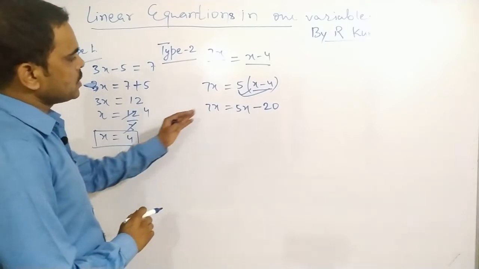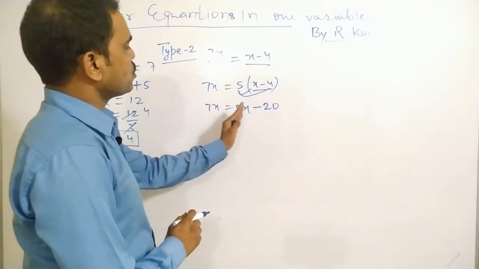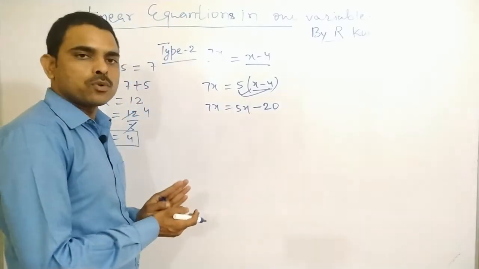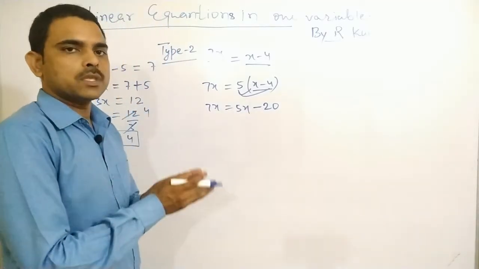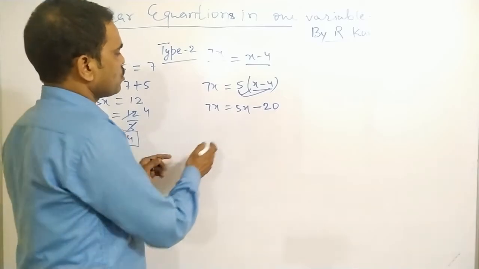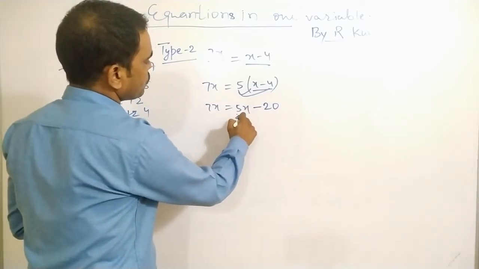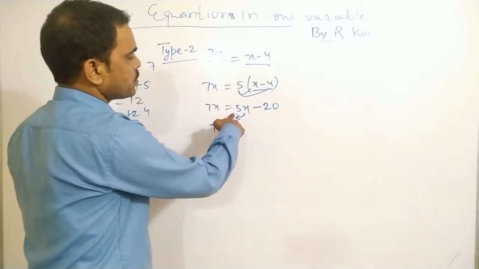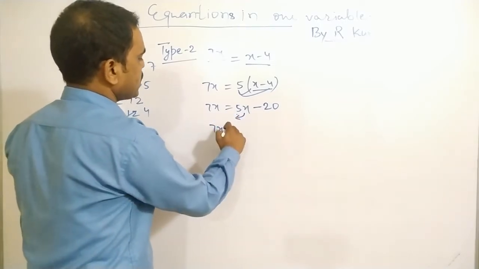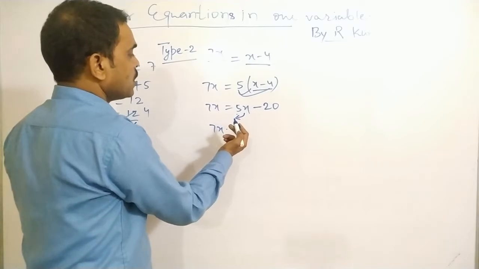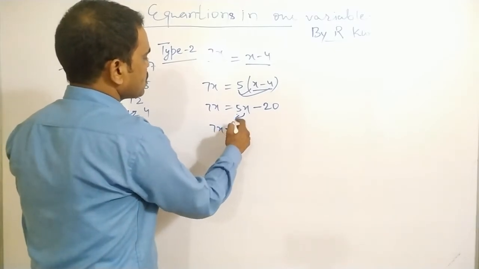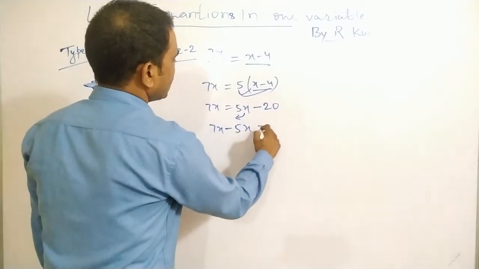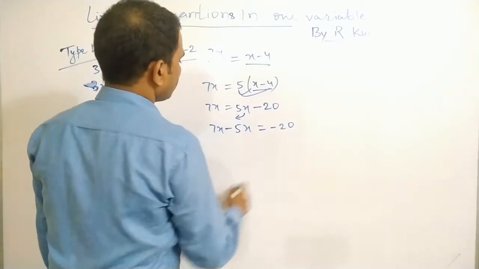After that you can see the x-related term is there on the other side also. As I have told you, the x-related terms should be on one side only, so you need to shift this 5x to this side. So 7x, and because this has a plus sign, when you change the side, this plus will change to minus, and it becomes minus 5x, and minus 20.